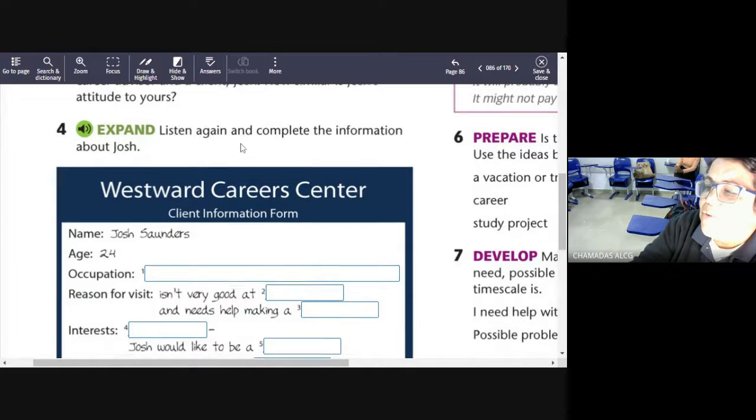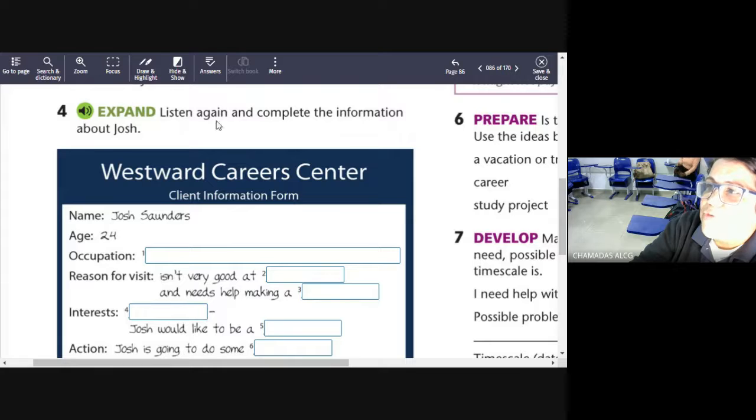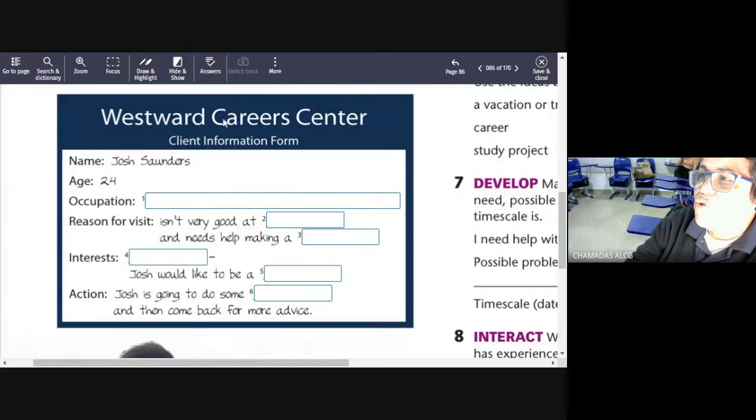So now the next part involves listening to that audio again and completing the information about George, right? So here he is, Westward Career Center. And this is like a form that he needs to fill out. So here you have his name, how old he is.